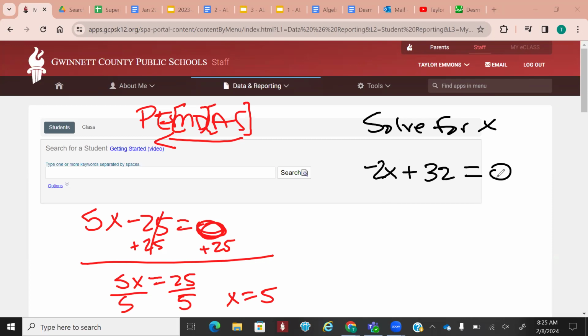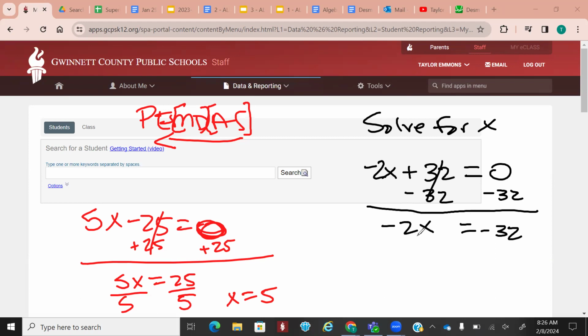We're doing the exact same process. Okay, so we're going to add, subtract first. So we got this 32 chilling. We need to do the opposite to move it to the other side. So what is that going to be? Subtract 32. So this is going to give us -32 and -2x.